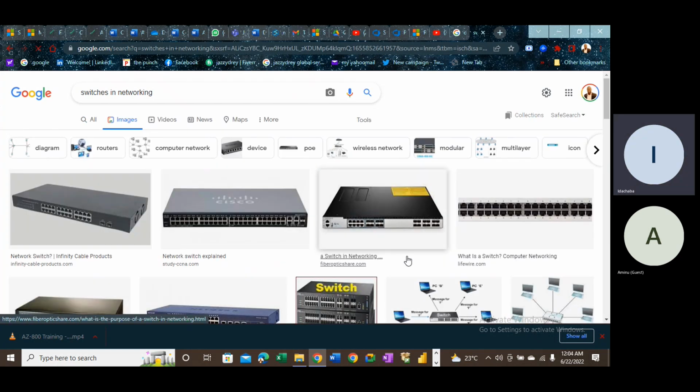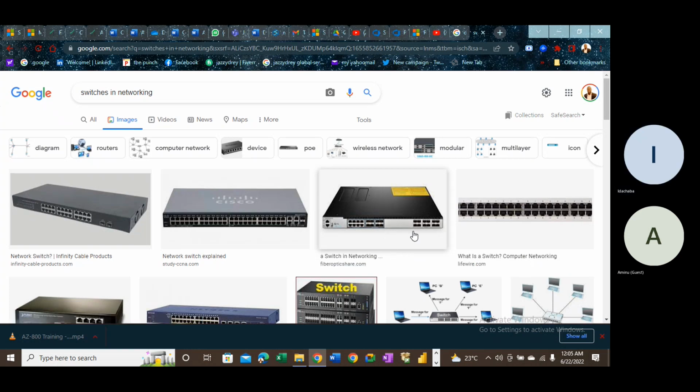The reason why I like images is that it helps us to visualize and mentally have an idea of what we are talking about. Now, your switches are named based on the number of ports that they have. Do you get the idea now?